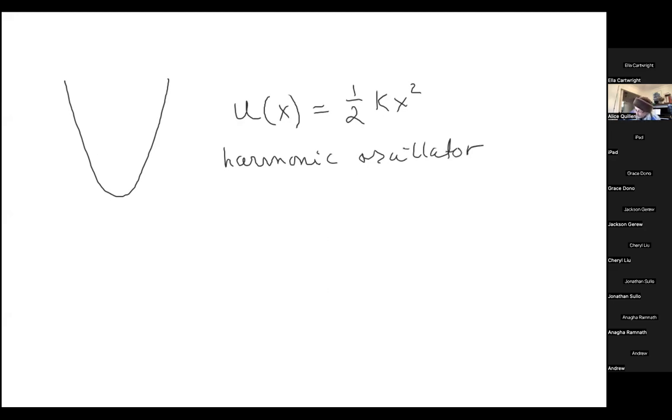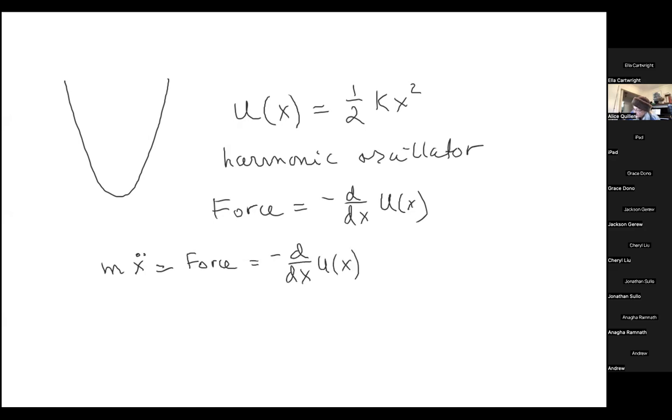Force is minus the derivative of the potential energy. So mass times acceleration is equal to the force, which is equal to minus d dx of U of x. If I take the derivative of a harmonic oscillator potential, it's going to be minus kx.